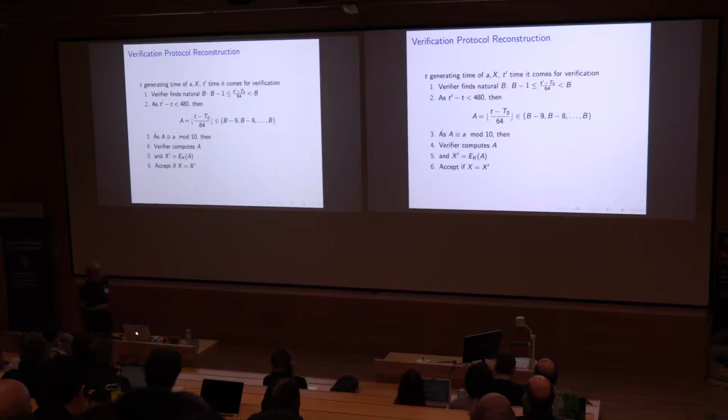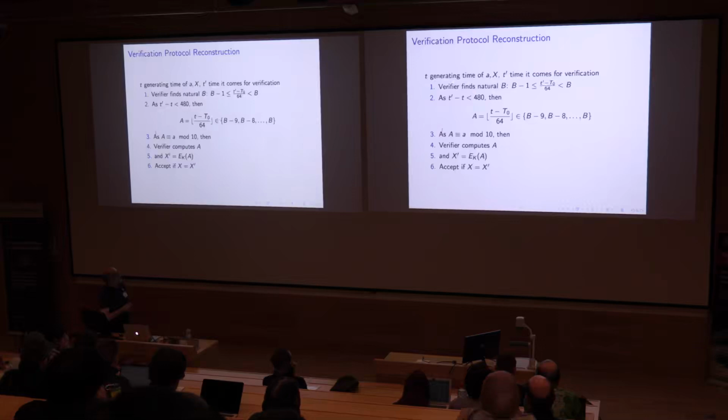Now I'm able to reconstruct the verification protocol. Let T be the generating time of this OTP, and T prime the time it comes for verification. The verifier server finds a natural number B such that the number of 64-second intervals between these times lies between two consecutive natural numbers.